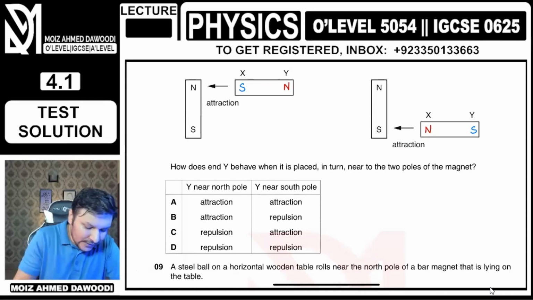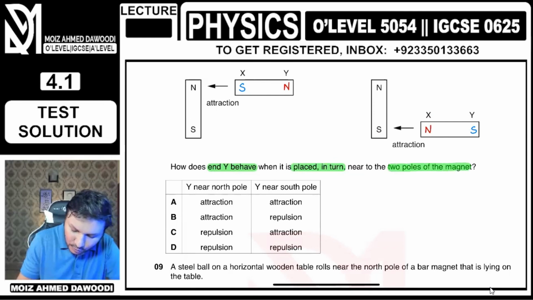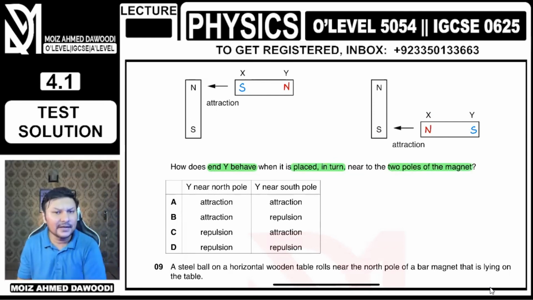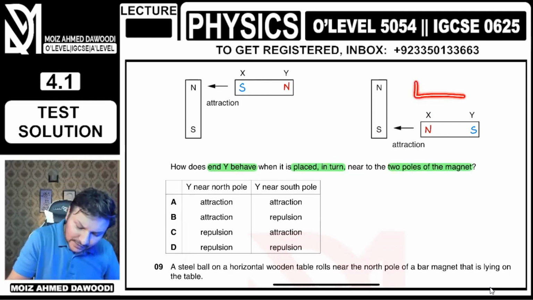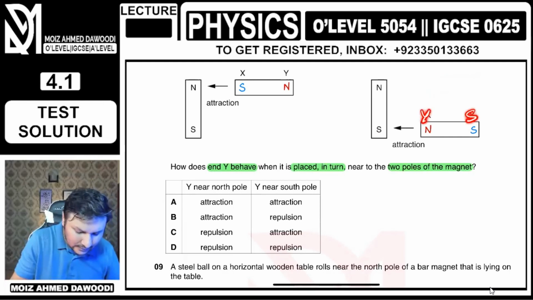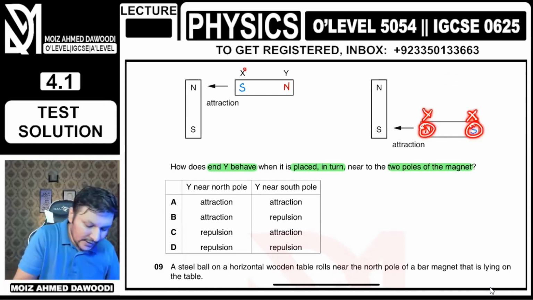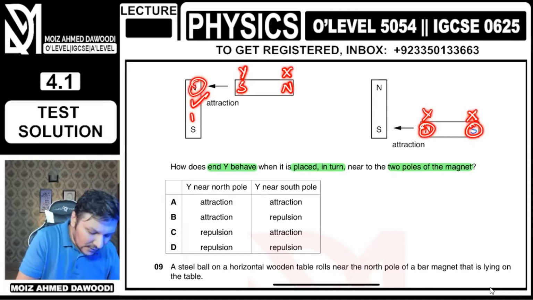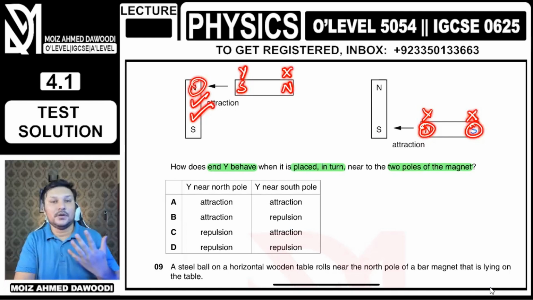Now, how does XY behave when it is placed near the two poles of the magnet? Since it is iron, when Y is here and X is here, north will be there, south will be there. Similarly, if Y is there and X is here, south will be here, north will be there, because this magnet is in charge.